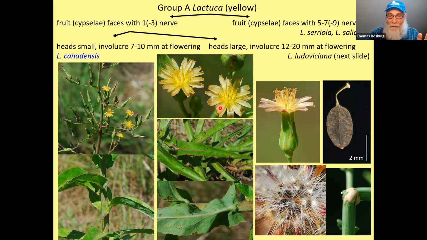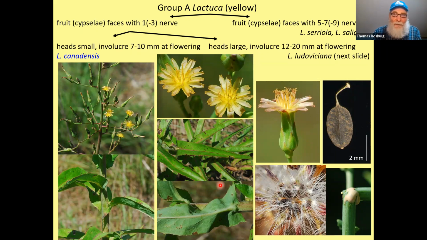But if you don't have flowers, the flowers won't help you. Basically, the fruits might, because the beak on prickly lettuce is even taller than this. But if you just look at the sap on prickly lettuce, it is pure white. And again, the sap here on Canadensis is tainted a little bit brownish.